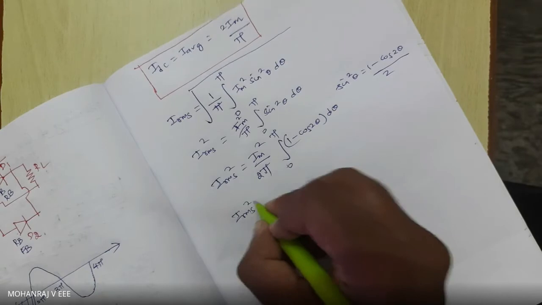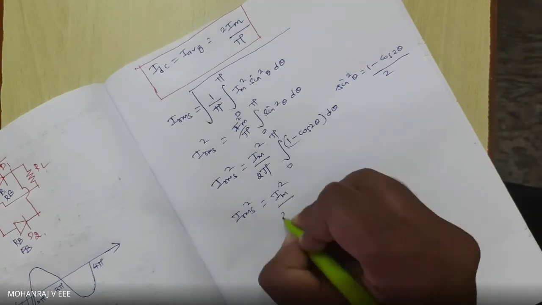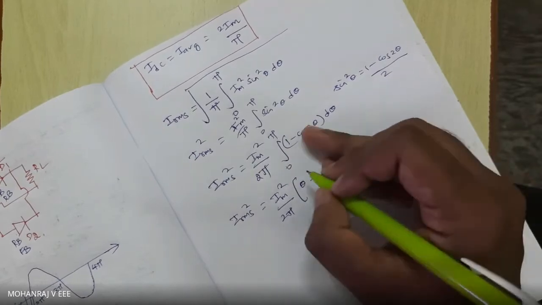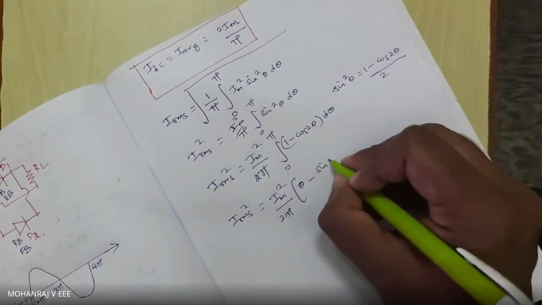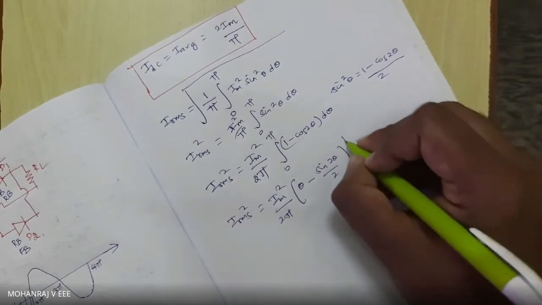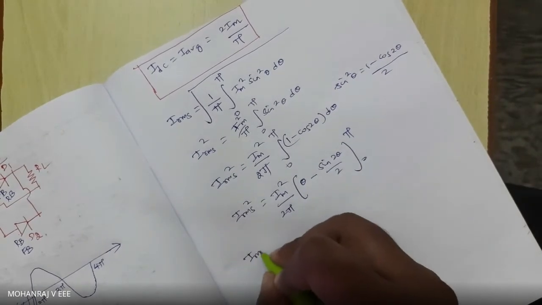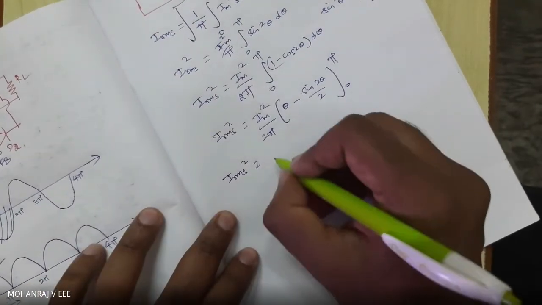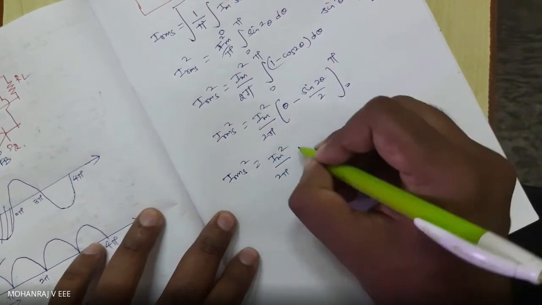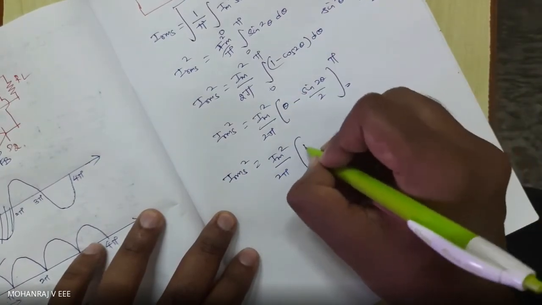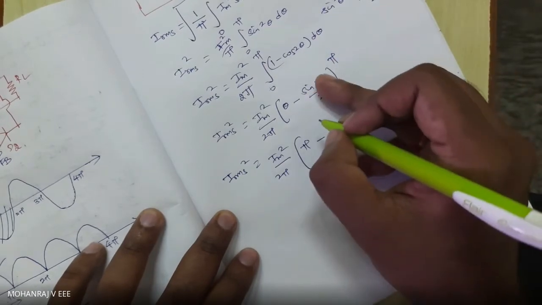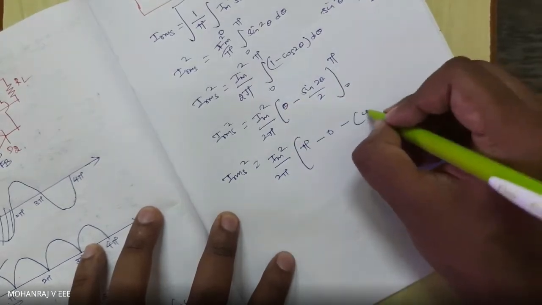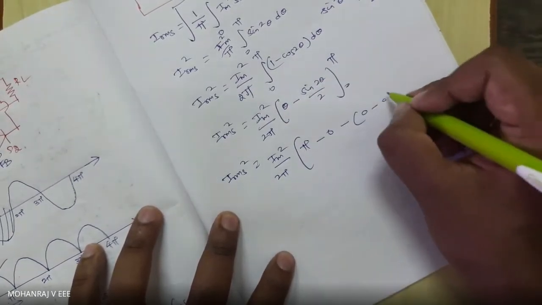Now let us integrate. So IRMS square is equal to Im square by 2 pi. Integrate 1, you will get theta minus. Integrate cos 2 theta, you will get sin 2 theta by 2, 0 to pi. So IRMS square is given by Im square by 2 pi, pi minus sin 2 pi, which is 0, then minus sin 0, which is 0.